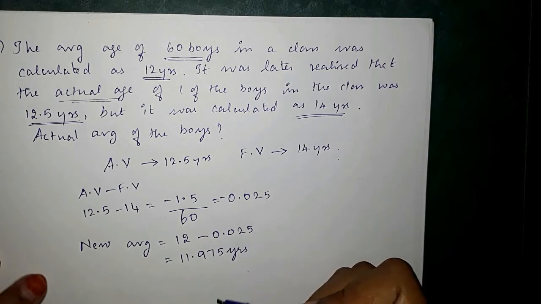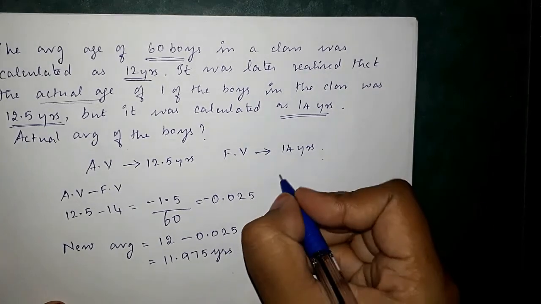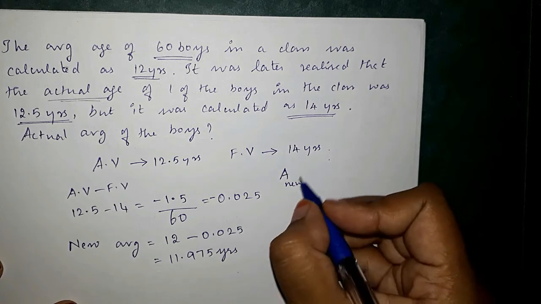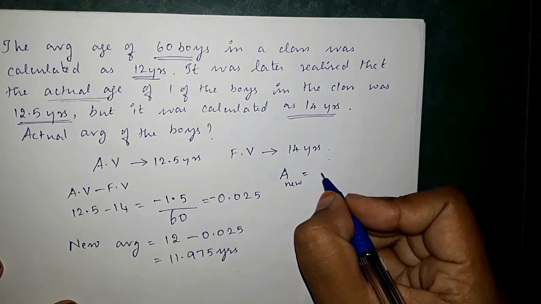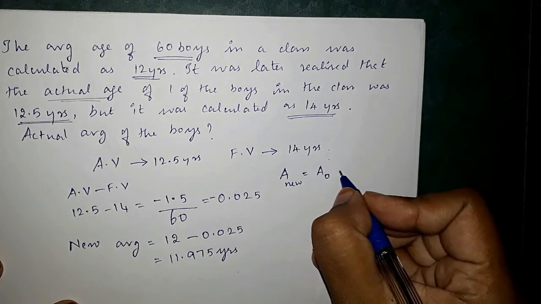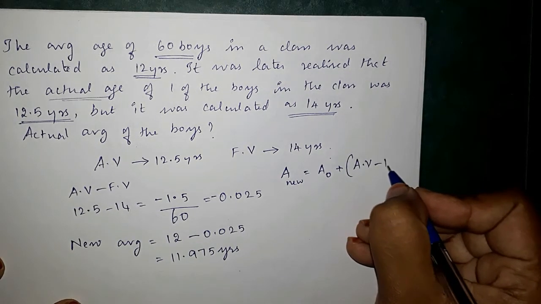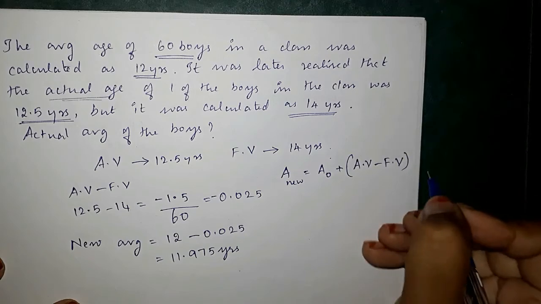On doing these steps, we can even derive a formula for these types of questions. New average is equal to old average plus actual value minus false value, divided by the number of items.